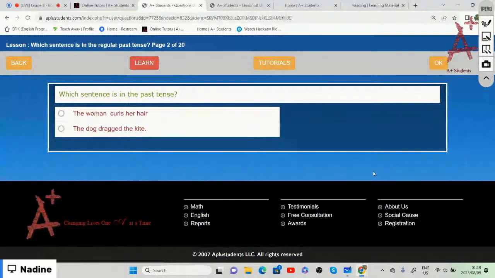So the woman curls her hair and the dog dragged the cat. All right, so if we select the sentence that is in the past tense, we would go with the dog dragged the cat.